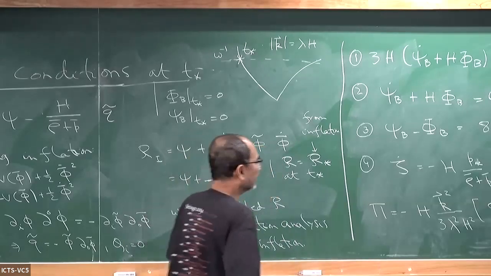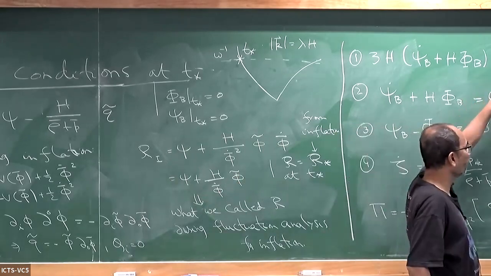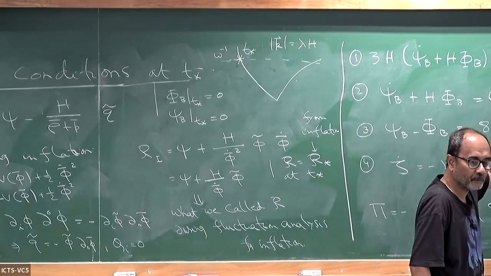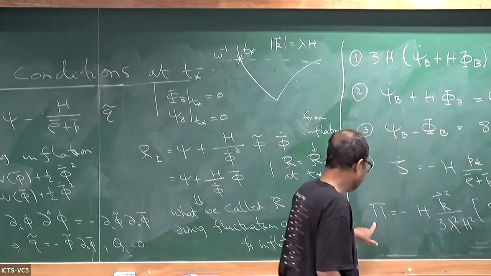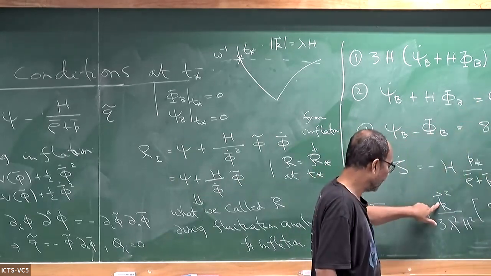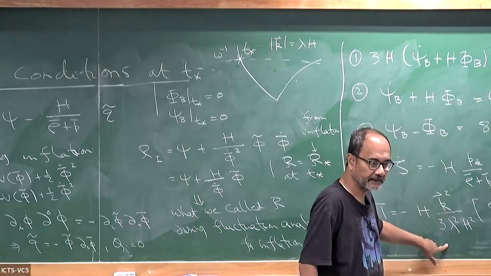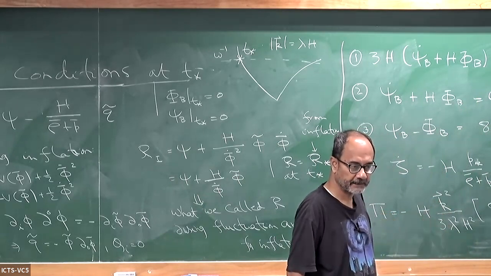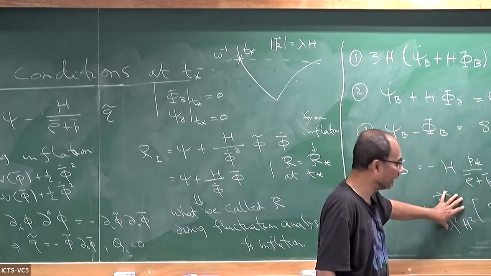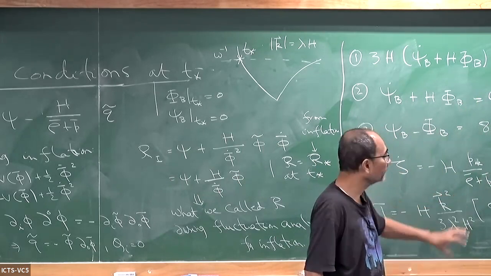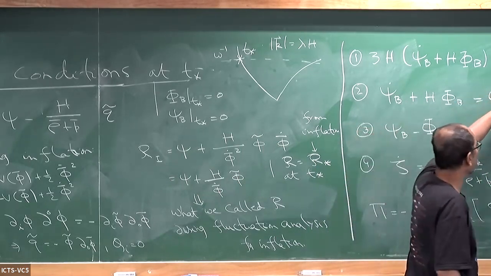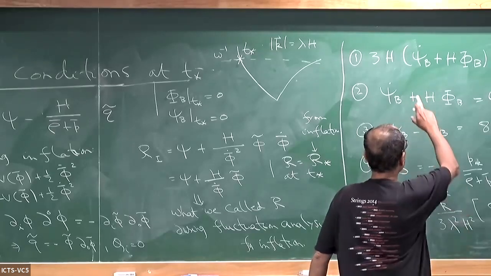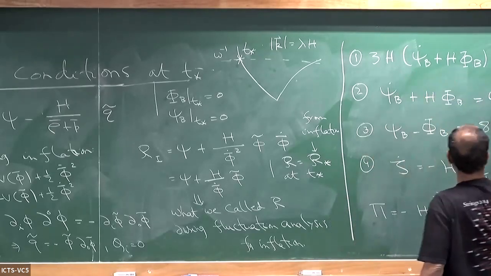So for small omega, or small k, the terms that involve k squared are small. Take for example the expression for pi. You have k squared over lambda squared H squared. This is small for super horizon, so these terms we can ignore. Similarly here, H doesn't quite appear, but the correct way to interpret this is that you divide by H squared.